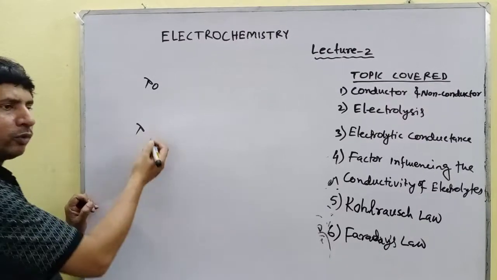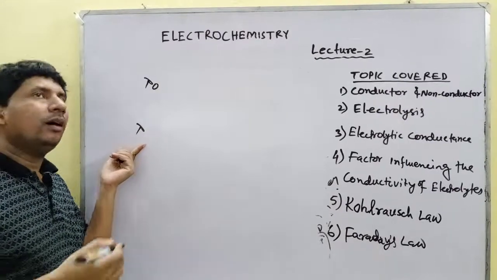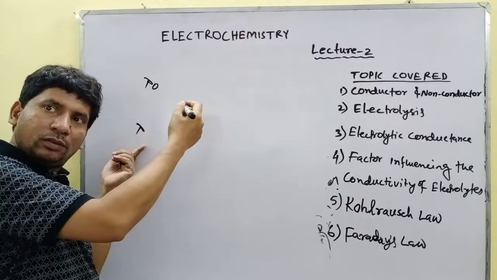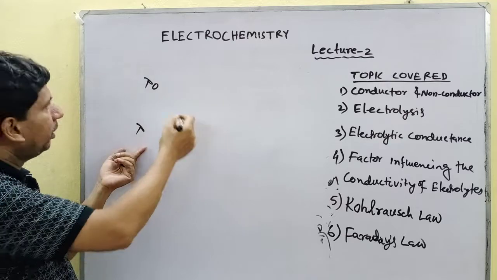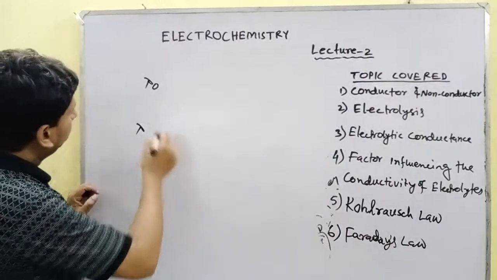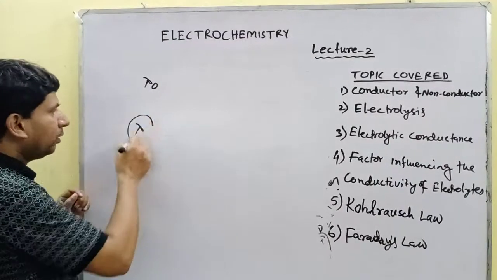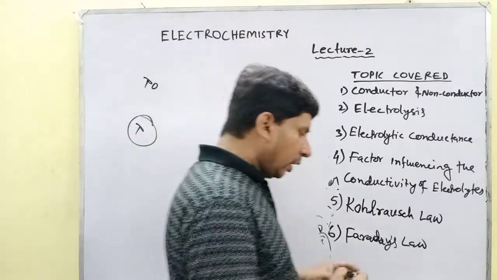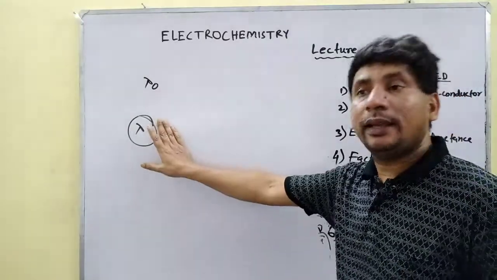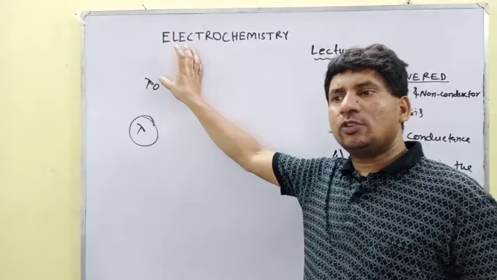Okay, for weak electrolyte, if it is lambda, and at infinite dilution it is lambda 0, then the ratio of these two, the lambda at any condition and lambda at infinite dilution.